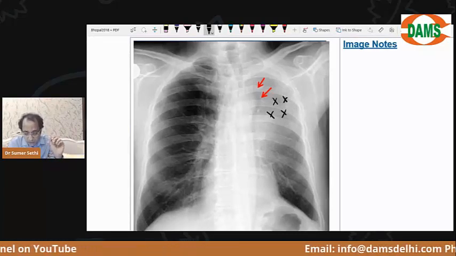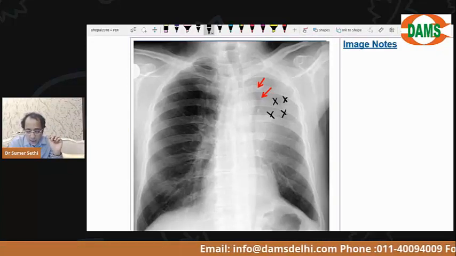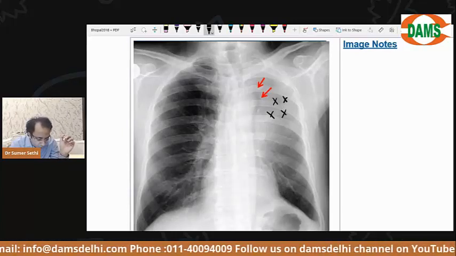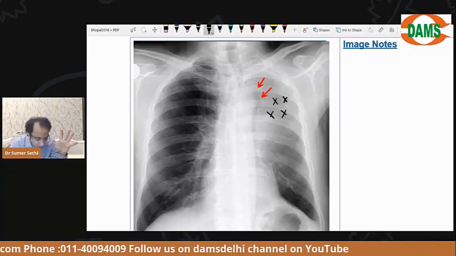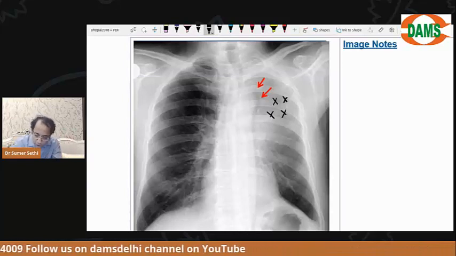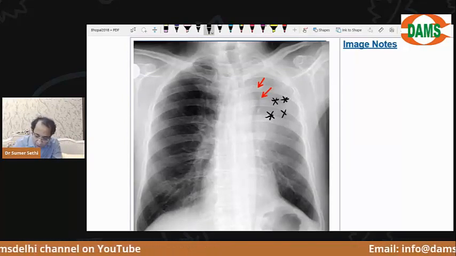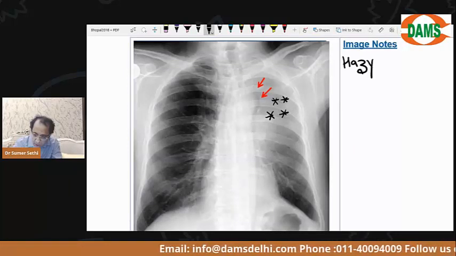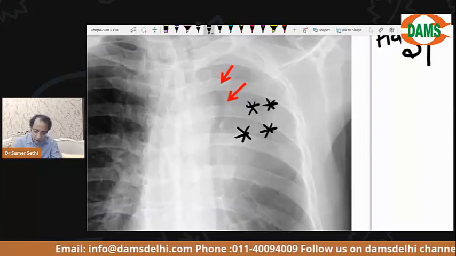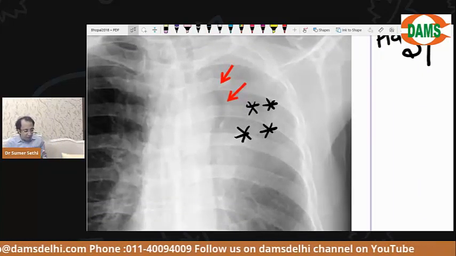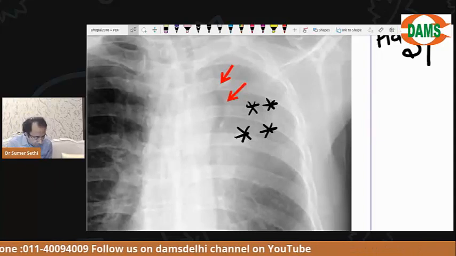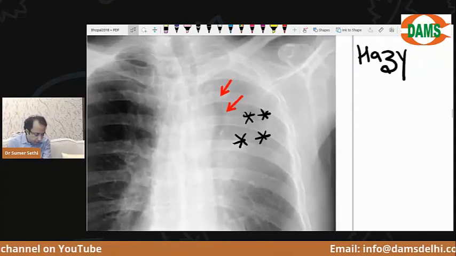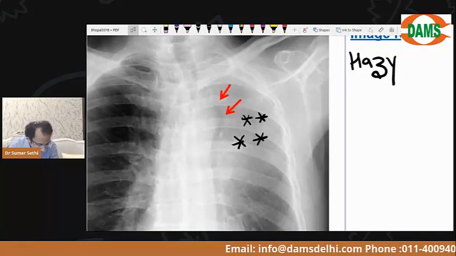Is that area opaque or is it hazy? जो हिस्से को मैंने क्रॉस लगा लगा के मार्क करा, ये सफेद है कि हेजी है? So at best we can say it looks more hazy. It is not exactly white. वो उतना व्हाइट है नहीं, उसके पीछे से हवा भी दिख रही है. It is hazy. Do you agree?